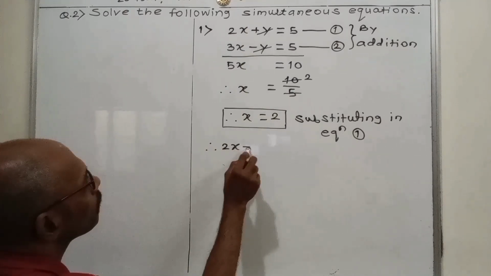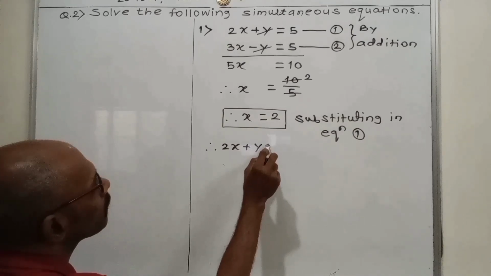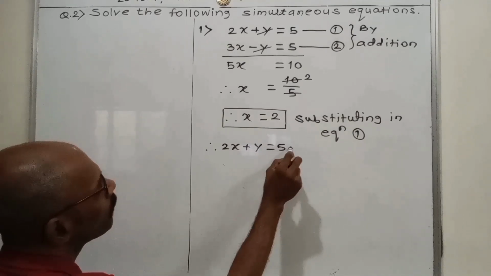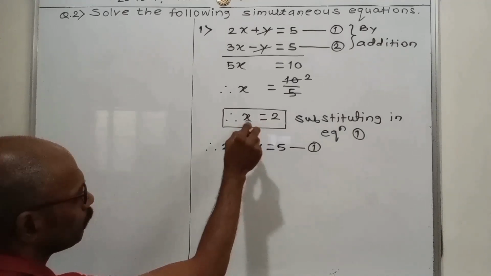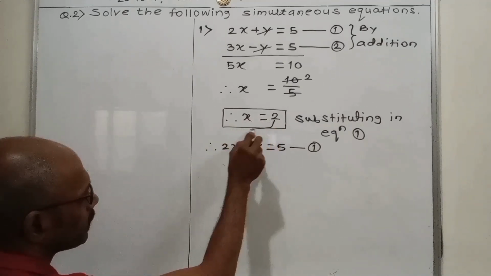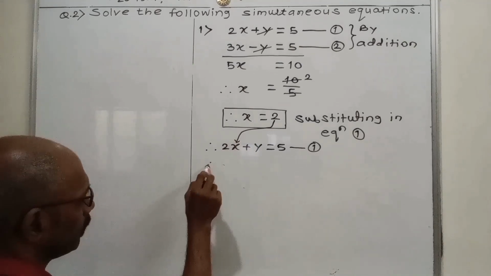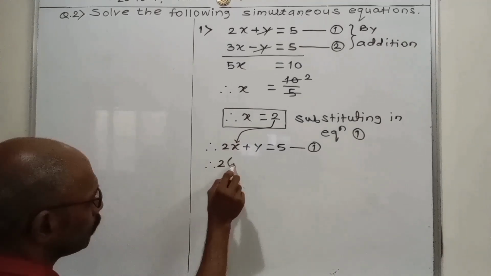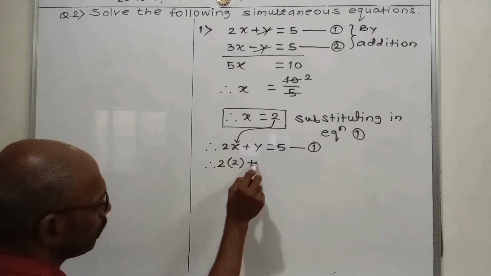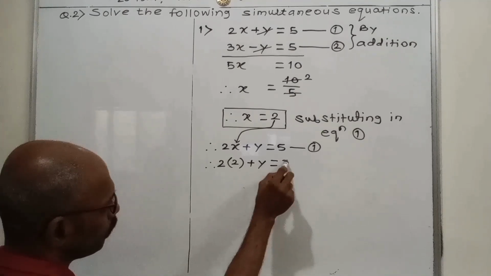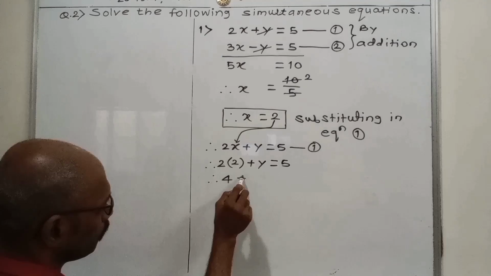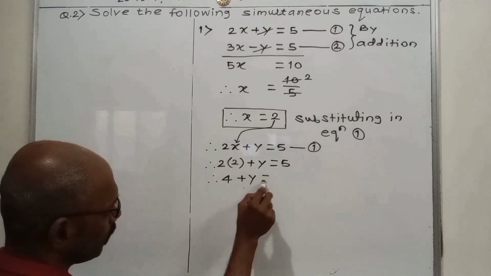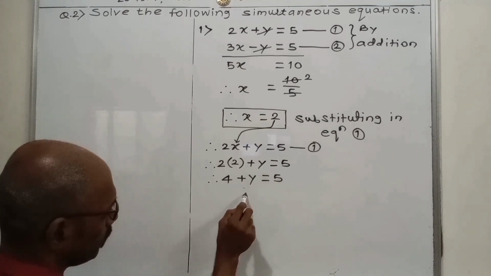2x plus y is equal to 5. This is our equation number 1. We put value of x here, 2 into 2 plus y is equal to 5. Therefore 4 plus y is equal to 5.